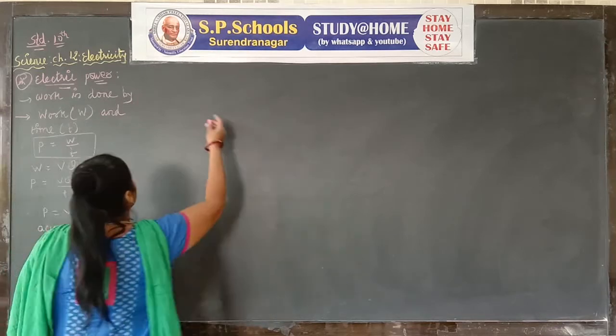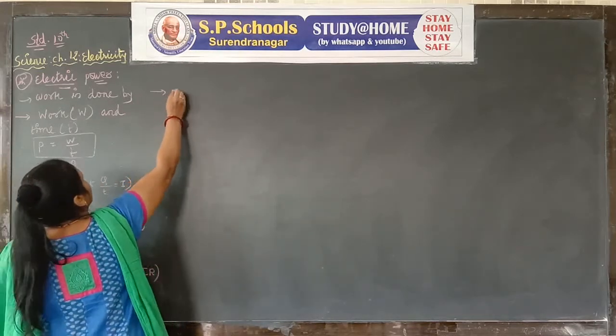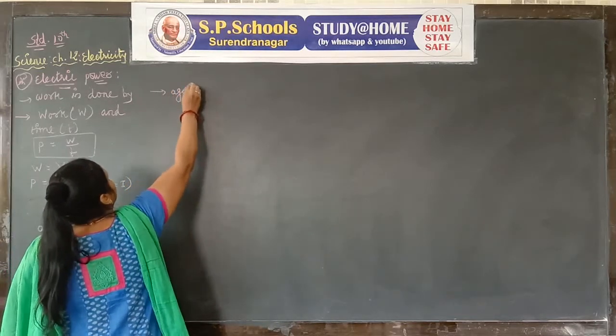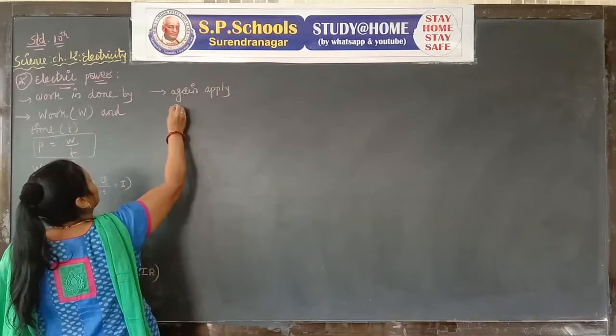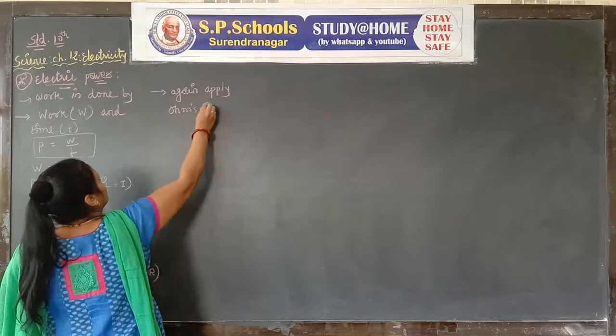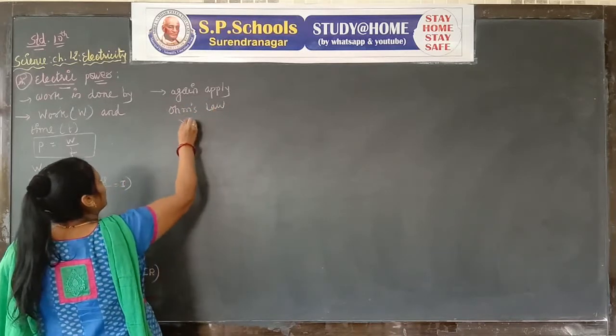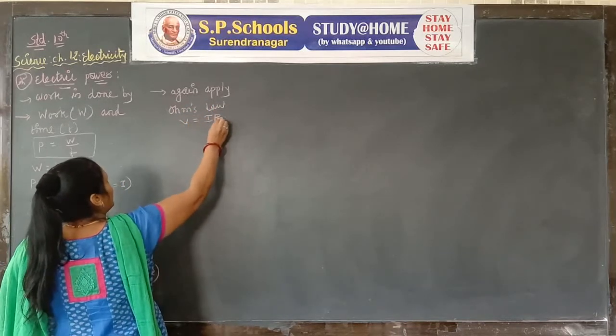Now we apply Ohm's law again. V is equal to IR.